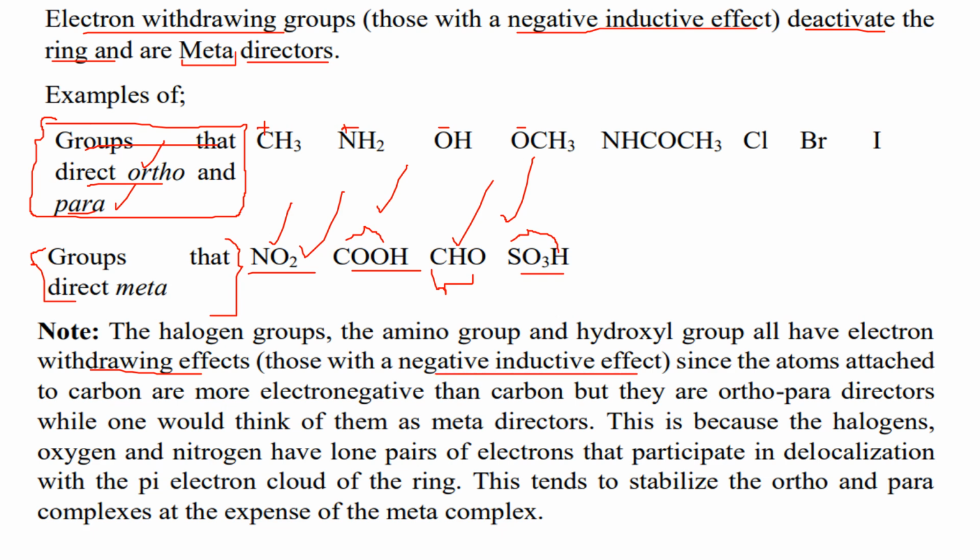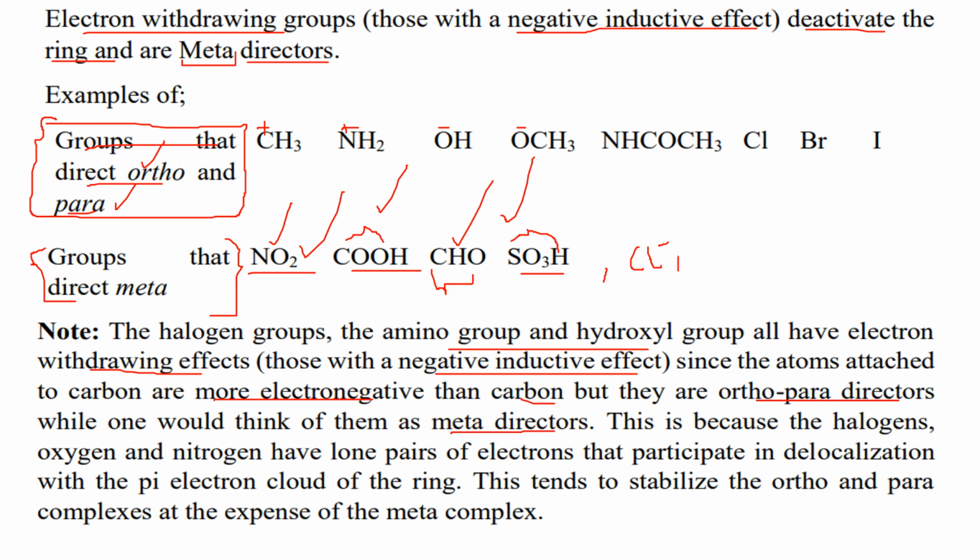Now, those are the groups that are negatively charged, for example the chlorides, bromides, halide ions. They are going to have a negative inductive effect. That means that since the atoms are attached to the carbon and they are more negative than the carbon, but they are ortho and para directors. Why would one think of them as meta directors?